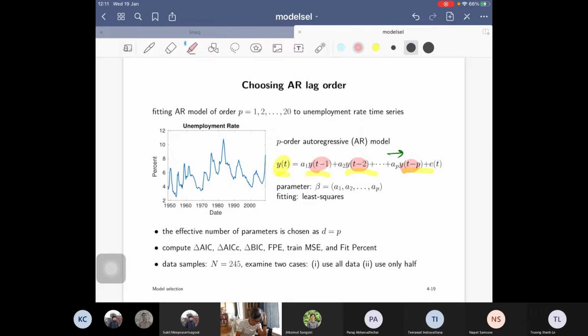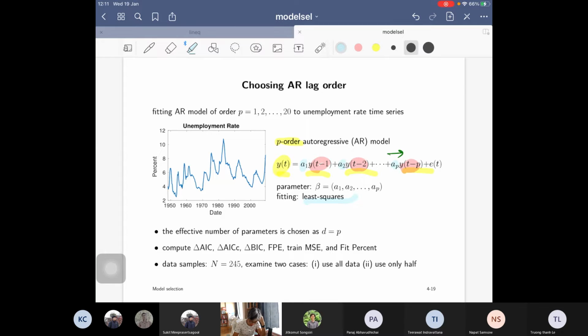That's what we call p-order autoregressive. The parameters you want to train or estimate are the coefficients A1 and so on. This model can be fitted by the least square formulation, linear regression.